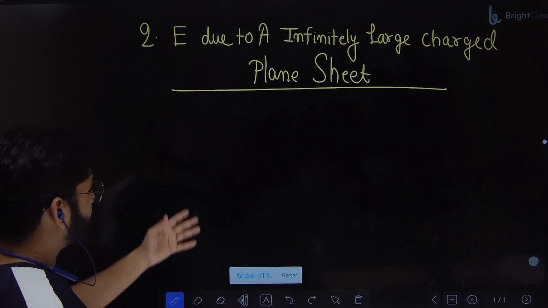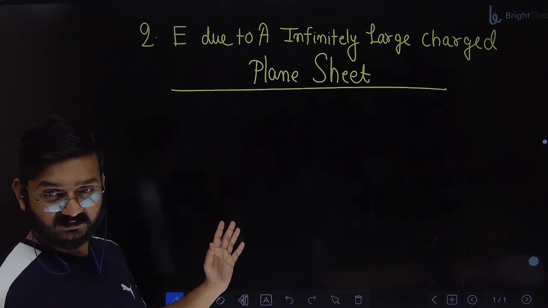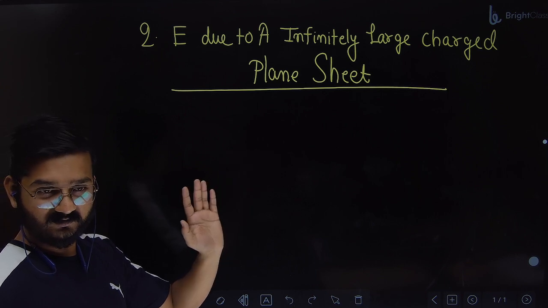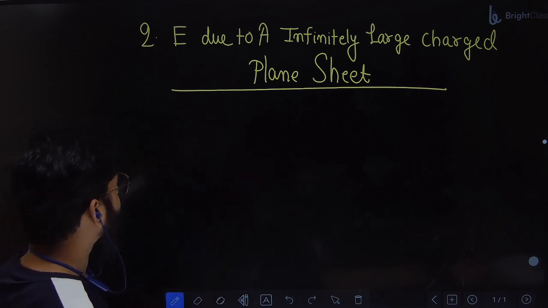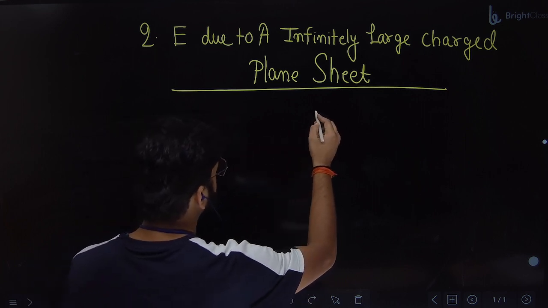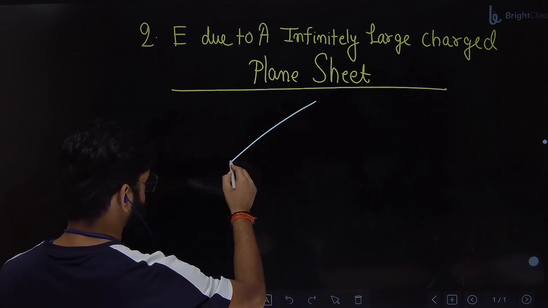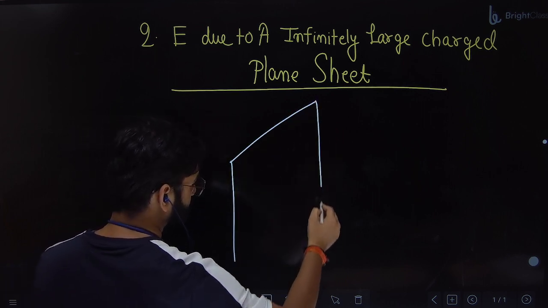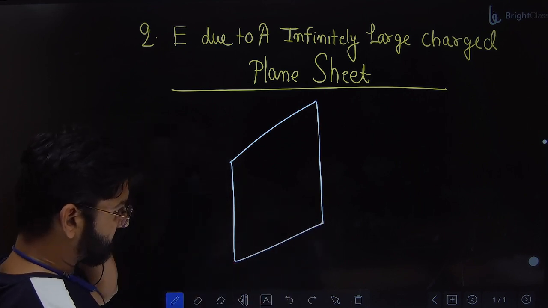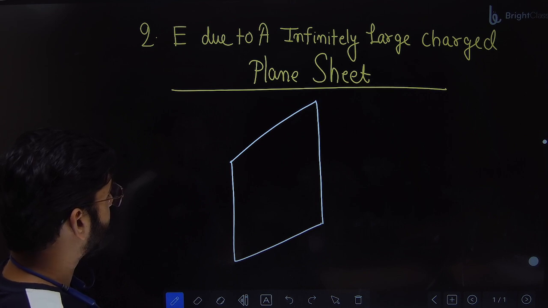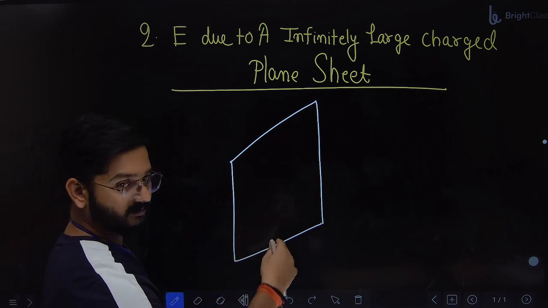Obviously we can't draw an infinitely large plane sheet here, so we'll assume it to be infinitely large. Let's draw a sheet here. So this is basically a plane sheet. We can put any charge on this, either positive or negative.